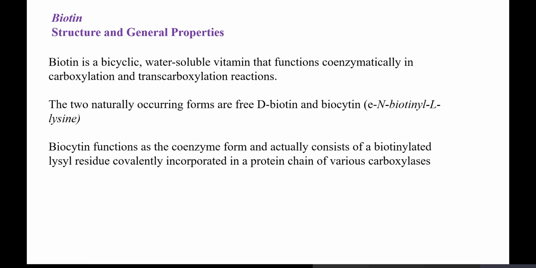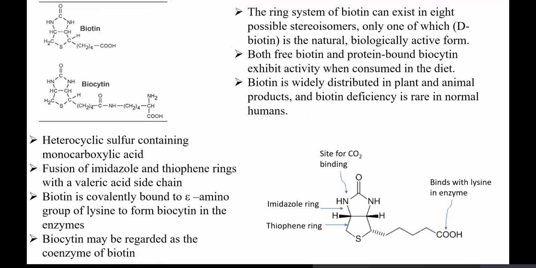Biocytin functions as a coenzyme form and consists of a biotinylated lysyl residue covalently incorporated in a protein chain of carboxylase. You see, this is the biotin. There are two rings, and this COOH is an active binding site, and this is the biocytin.